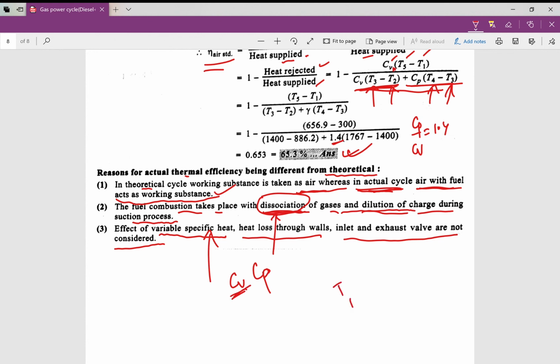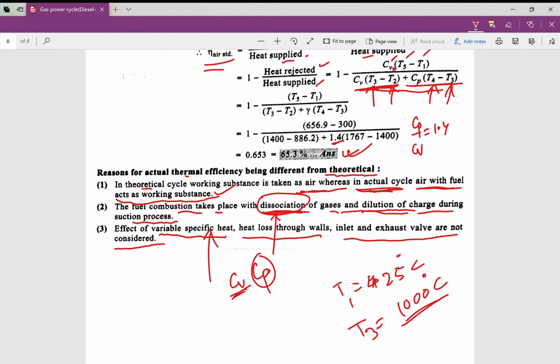Whether the initial temperature is, let us say, 25 degrees centigrade, and the maximum temperature, let us say T2 or T3 or T4, reaches even 1000 degrees centigrade, we consider the same property Cp or Cv.